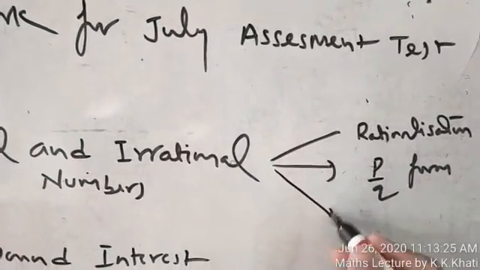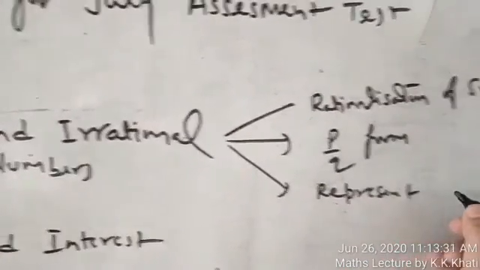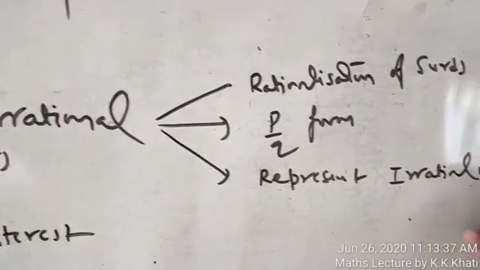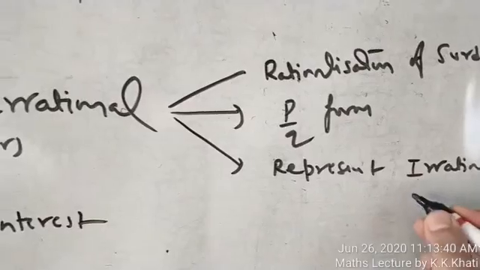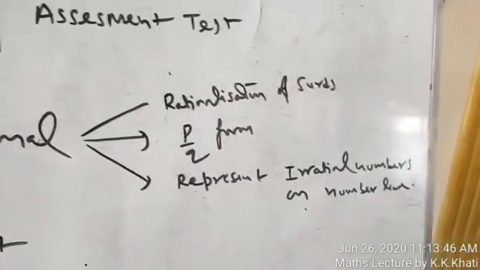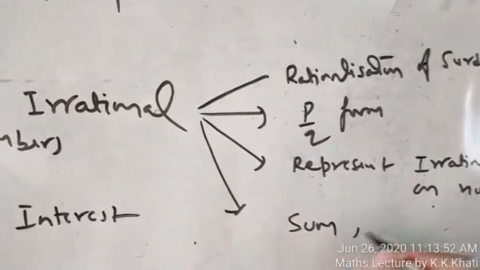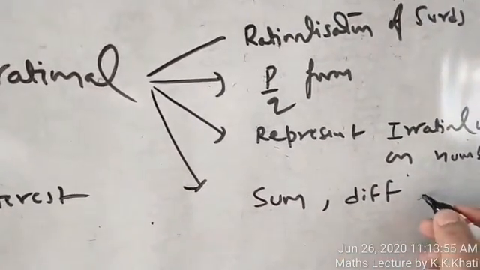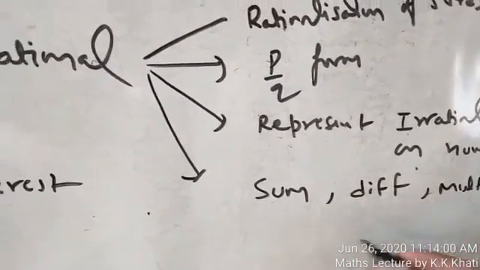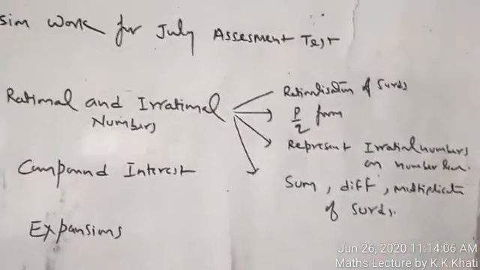Third, we are going to discuss representing irrational numbers on the number line. Apart from this, we will learn sum, difference, multiplication of surds. Okay, so these things we are going to discuss in chapter number 1.